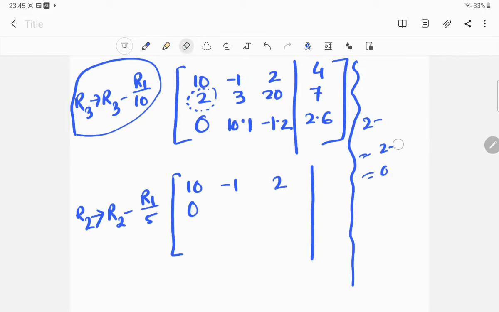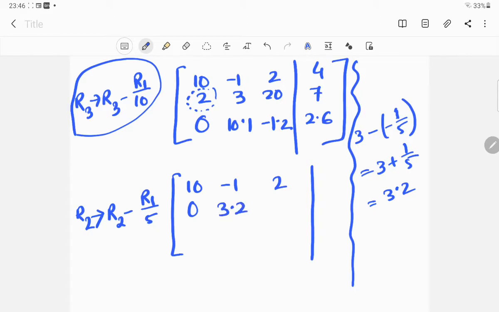That's done. Next you have 3 minus 1 by 5, so 3 plus 1 by 5, so it is simply 3.2.